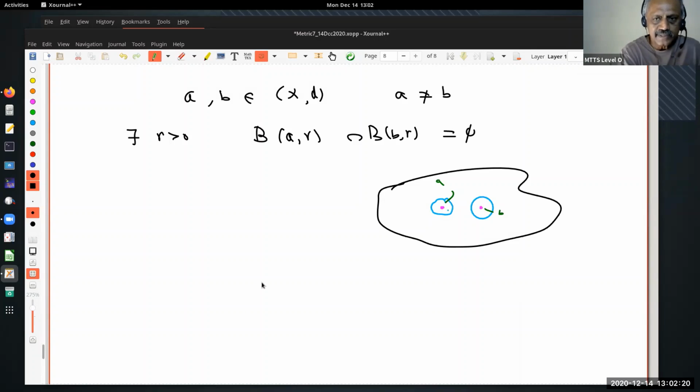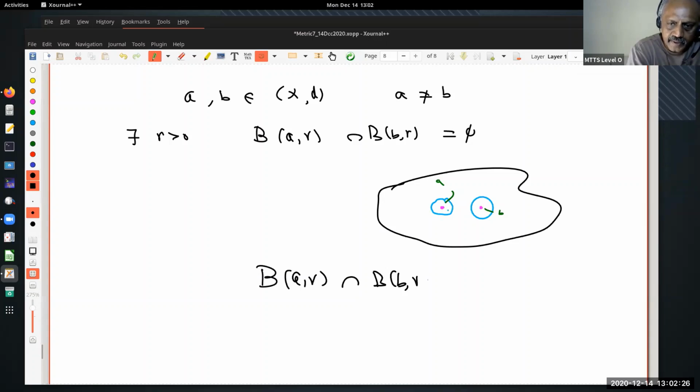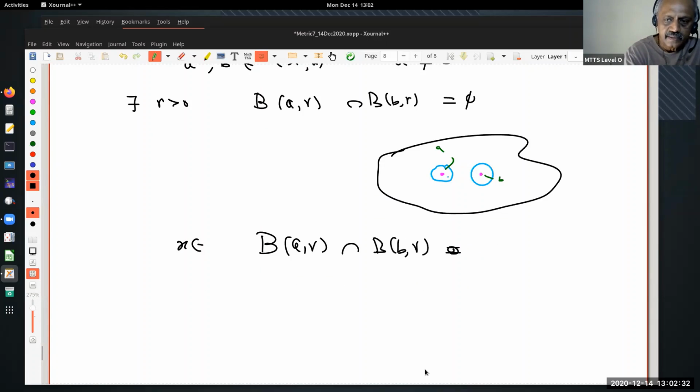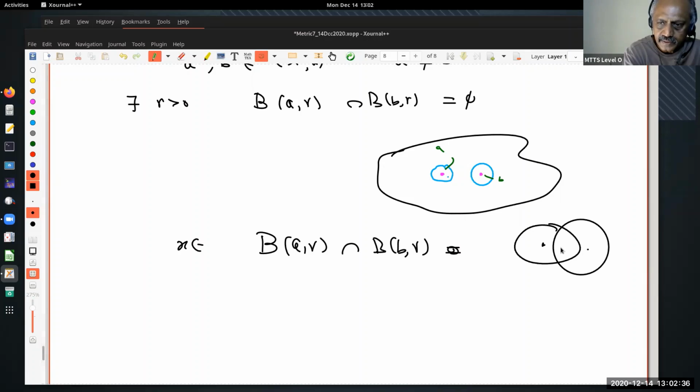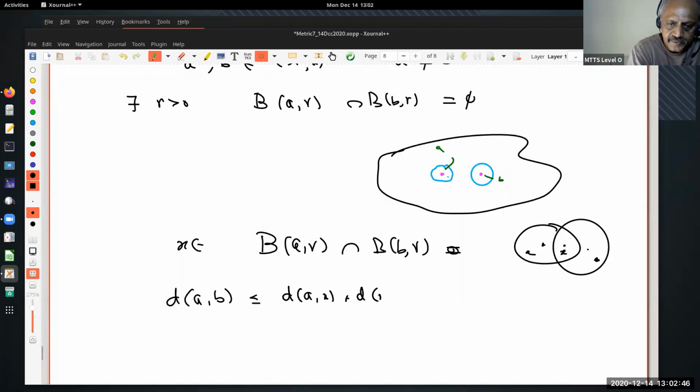So what you do is, as I said, work backwards. Suppose B(a, r) intersection B(b, r) is nonempty. Suppose x belongs to this, right? So the picture will be like this. This is a, this is b, and there is an x which is common. Then I know how to estimate the distance between a and b. Distance between a and b is at most the distance between a and x plus the distance between x and b.